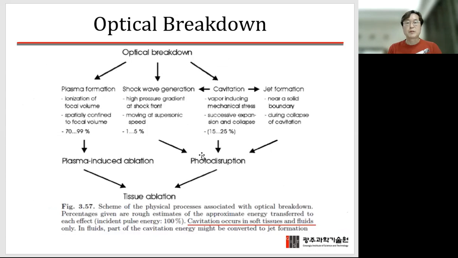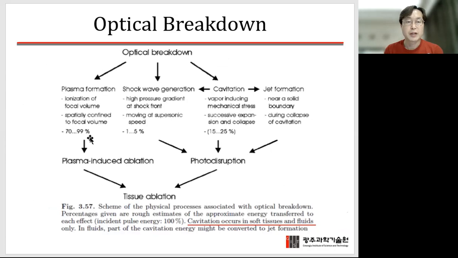So when optical breakdown happens, it can cause multiple processes. The first one here is plasma formation. The second one is shock wave generation. And the third one is cavitation. Plasma formation can happen in either gas, liquid, or solid.